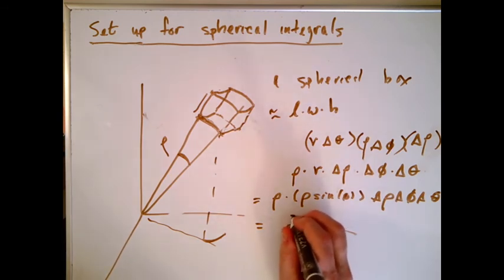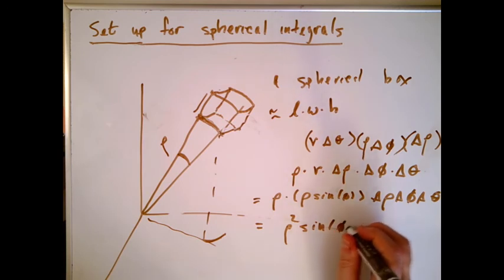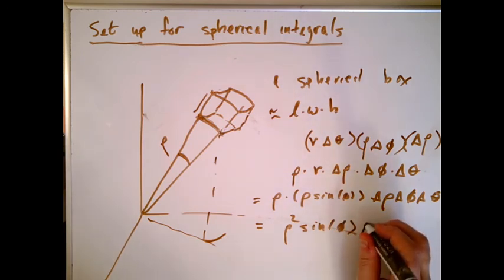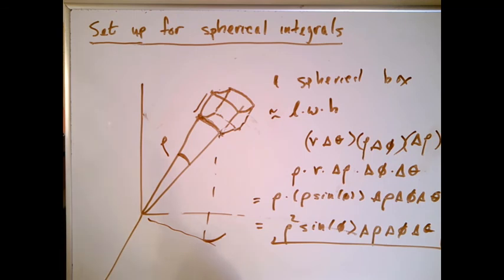So I'm going to get rho squared sine phi, and then delta rho, delta phi, delta theta. And this is what has to show up in every spherical integral that we do. In the same way that r dr d theta has to show up in every polar, rho squared sine phi d rho d phi d theta has to show up in every spherical.